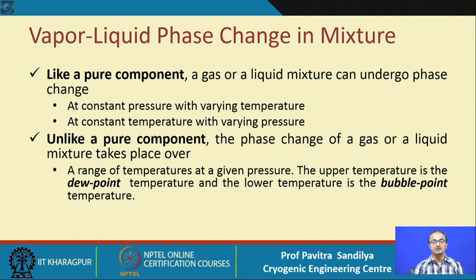That means the dew point temperature defines the upper temperature at a given pressure up to which we can have the liquid and vapor phase coexisting, and the bubble point temperature will be representing the lower temperature at a given pressure at which the two phases can coexist.